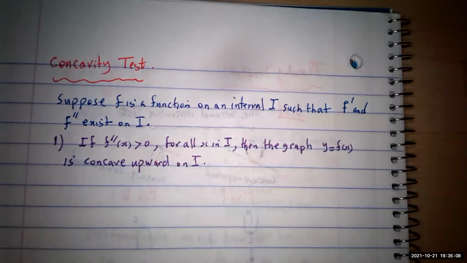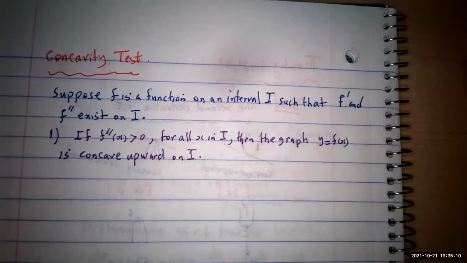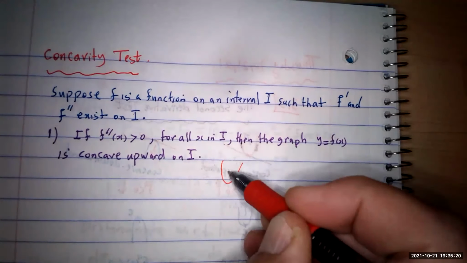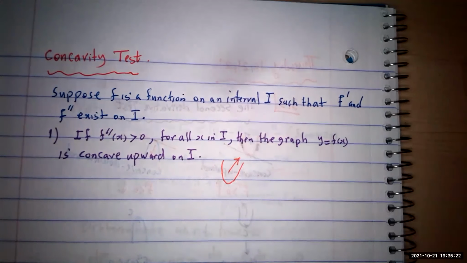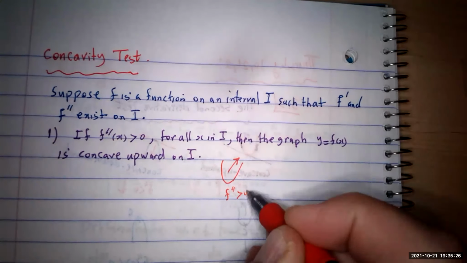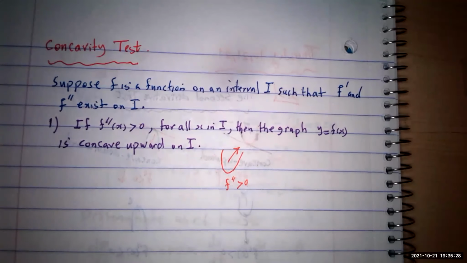So you have to check the sign of f double prime. You may check it by just using some test numbers. So in order to remember it, positive means up. If f double prime of x is positive, the graph is going to be curving upward. Okay, that's going to be one case. Any question?